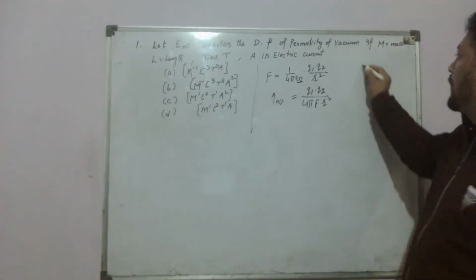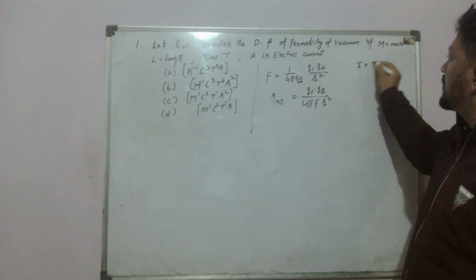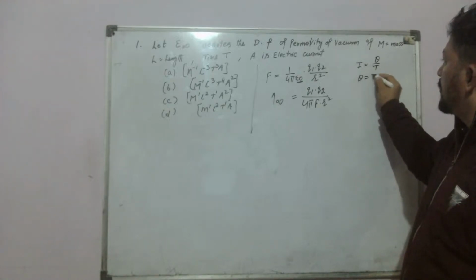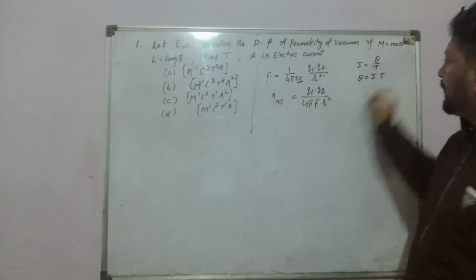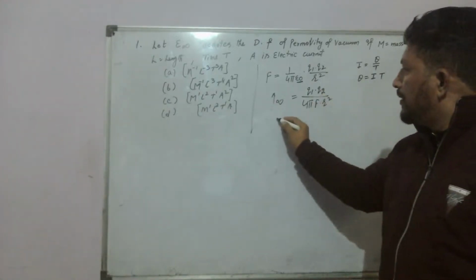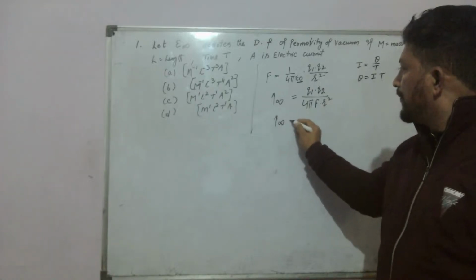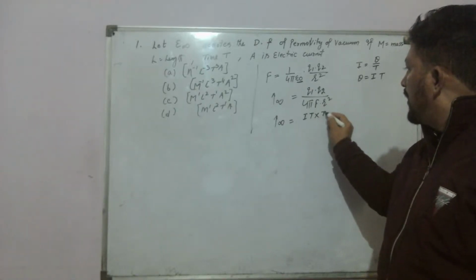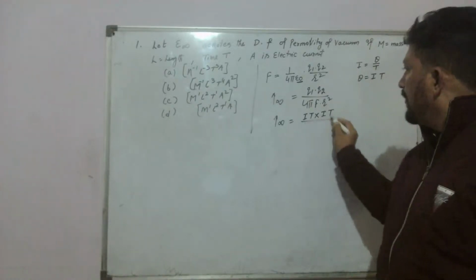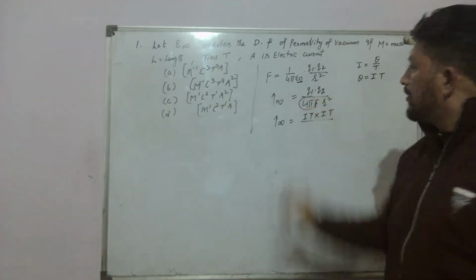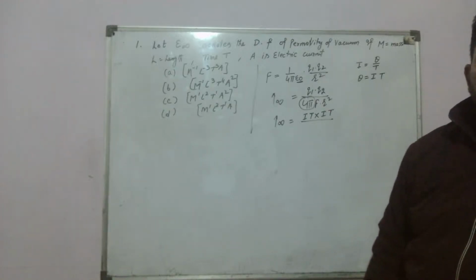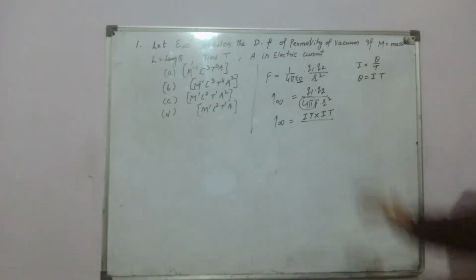What you can solve from here: current I is equal to charge by time. So charge is equal to current multiplied by time. So here you can write IT multiplied by IT. 4 pi, the constant term, has no dimensional formula.